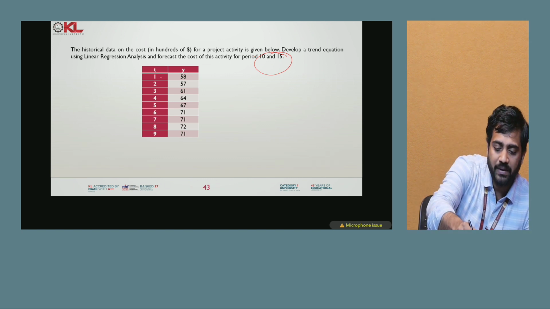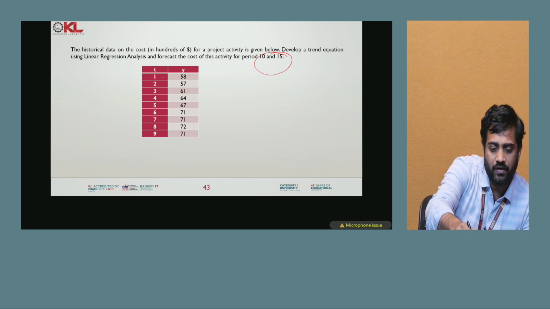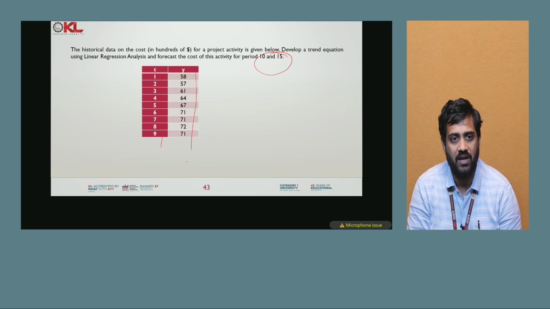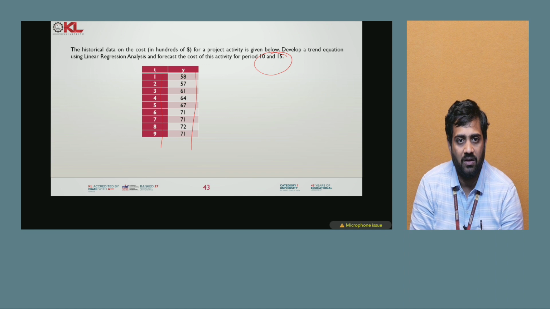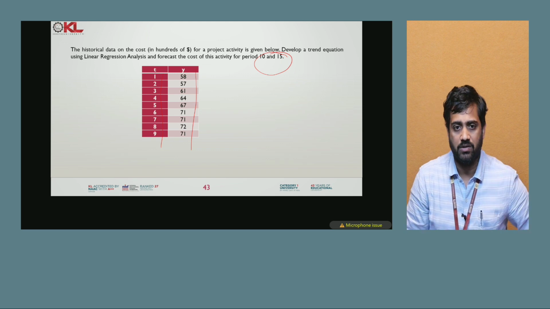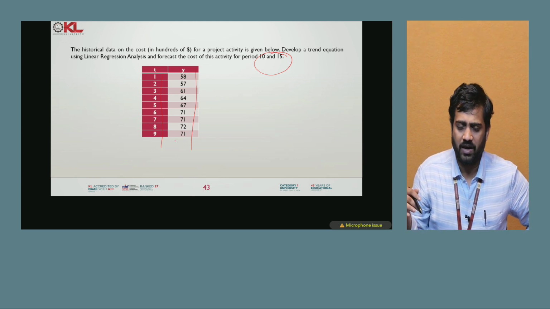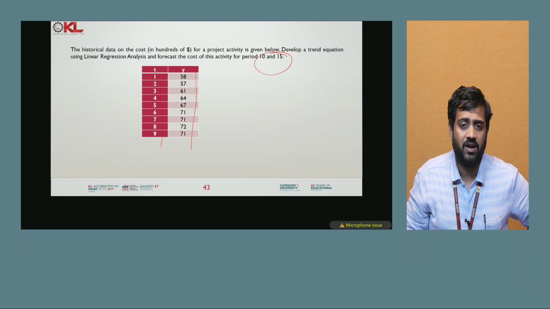We know only the time period, 1, 2, 3, 4 up to 9, and only the y value is given here. Now we need to estimate what the cost of the activity will be for periods 10 and 15. For 10 and 15 we will estimate with the help of simple linear regression.